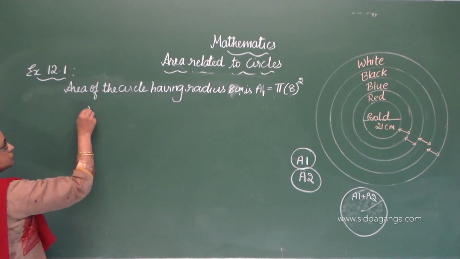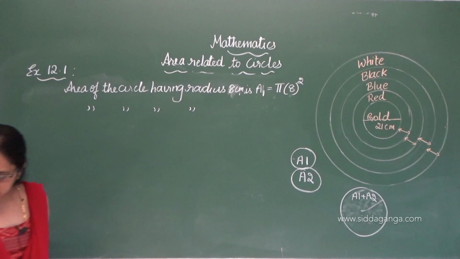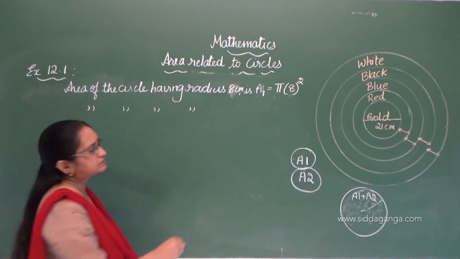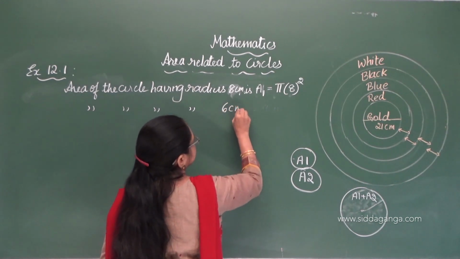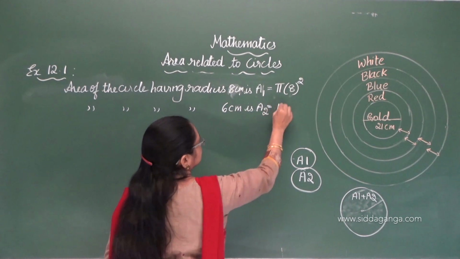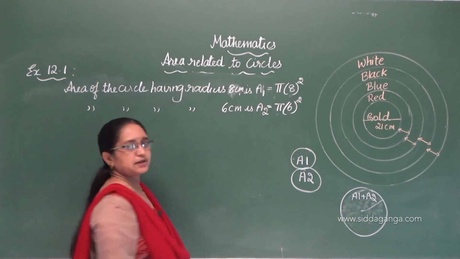Next, area of the circle having another radius, which is 6 centimeter, A2 is equal to pi 6 square, pi r square. Okay.